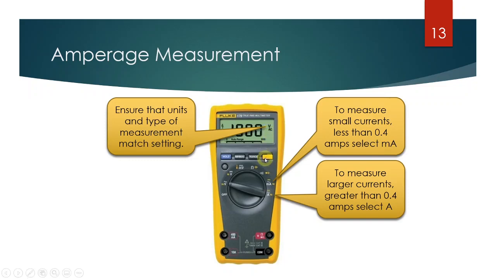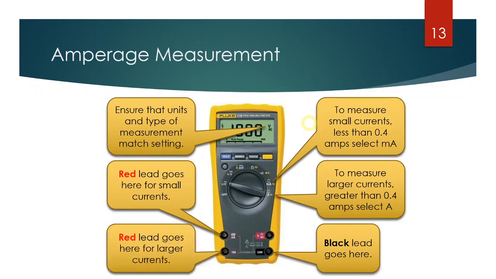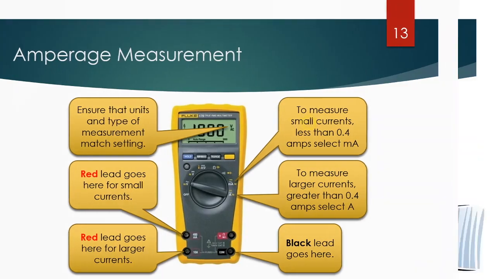And again, you'll just push this yellow button that will change that from AC to DC for you. Black lead goes there. It always goes there. For the lower currents, the red lead is going to go in the one that says 400 milliamps. 400 milliamps is the same as 0.4 amps. If it is higher than 400 milliamps, we're going to use this lower one, which is protected up to 10 amps. So that's why we have two separate fuses inside our meter as well.